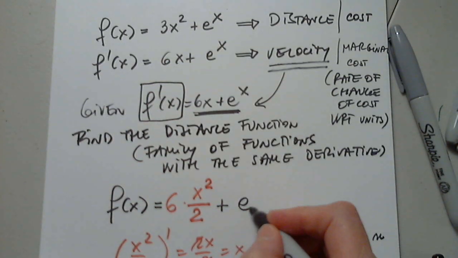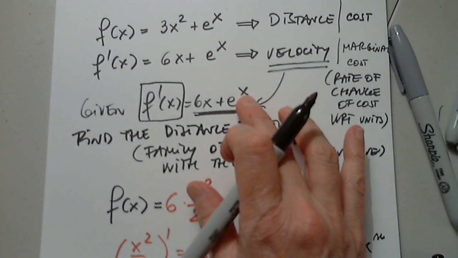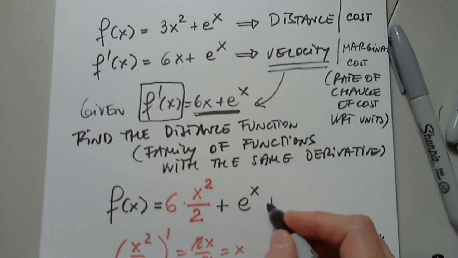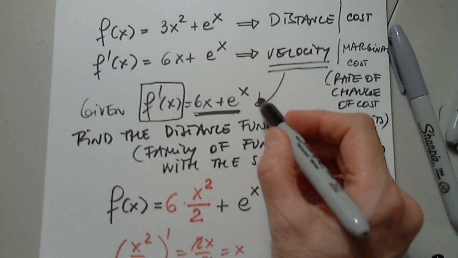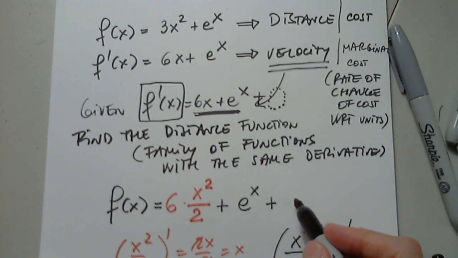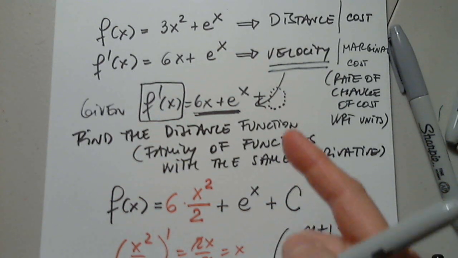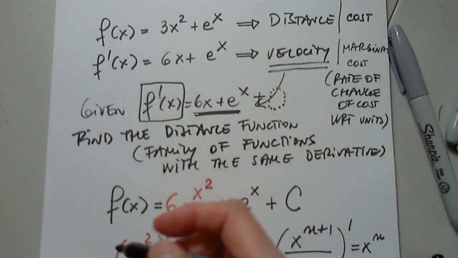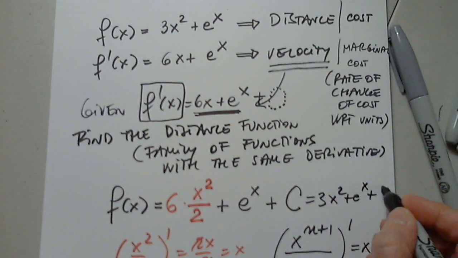E to the x. Because when I differentiate e to the x, I get e to the x. Plus, which function prime is 0? Nothing? A constant. Oh, yeah. Every constant prime is 0. So when I simplify, I get 3x squared plus e to the x plus a constant c.